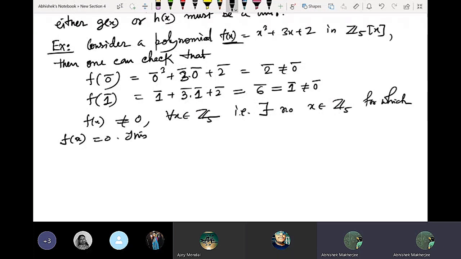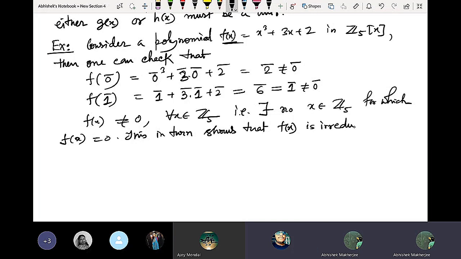So this in turn shows that this f(x) is irreducible over Z5. That is, f(x) has no zero in Z5. So that is why it is irreducible.